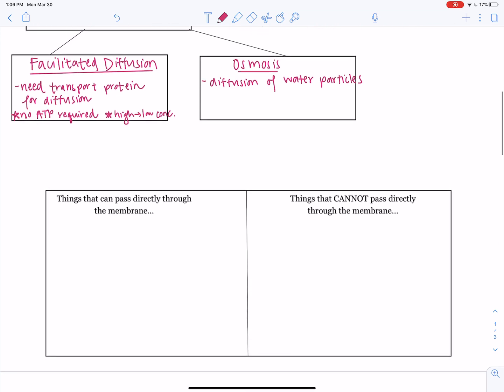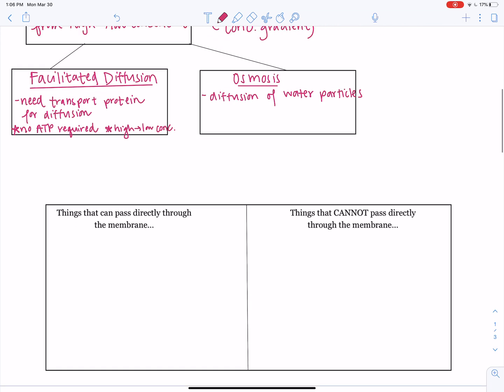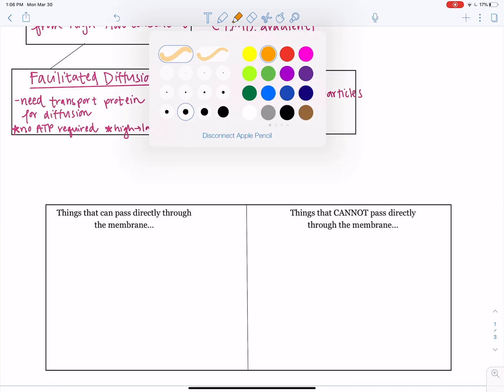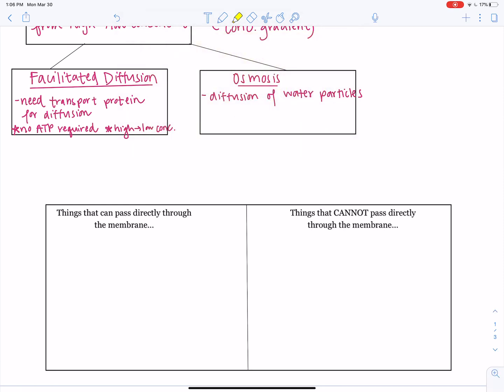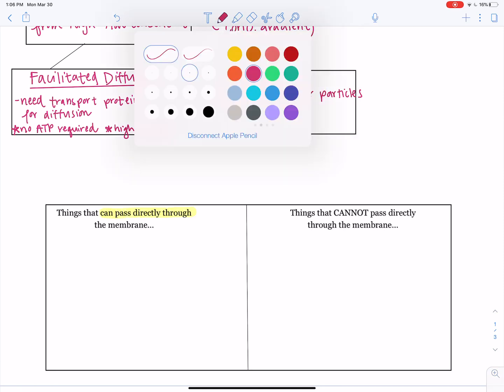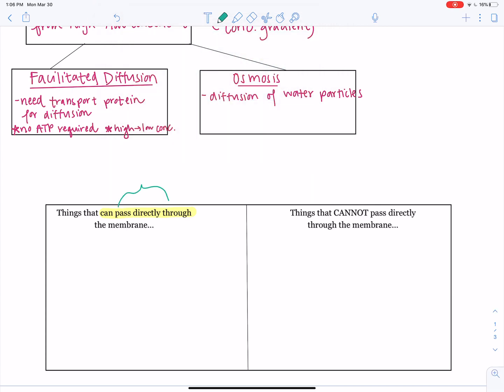The next part that we're going to talk about is things that can pass directly through the membrane and things that cannot. What this is basically saying is things that can pass directly through the membrane, we're talking about things that do not need a transport protein. In other words, they can do simple diffusion. Okay?